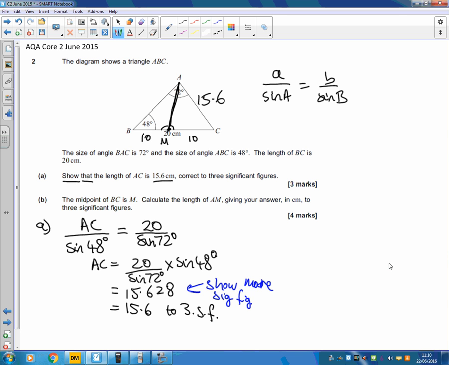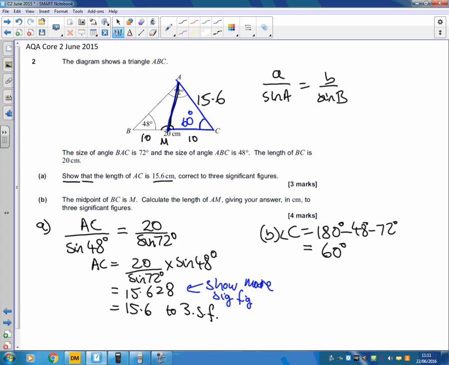So if we look at the right hand triangle here, we know 2 of the sides. We could also work out angle C. All the angles in a triangle add up to 180 degrees. So angle C is 180 minus 48 minus 72. So C is 60 degrees.